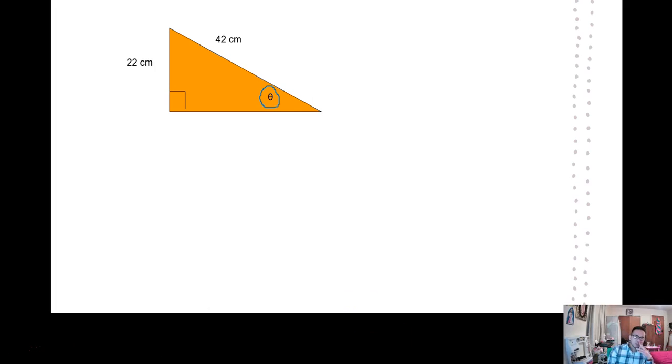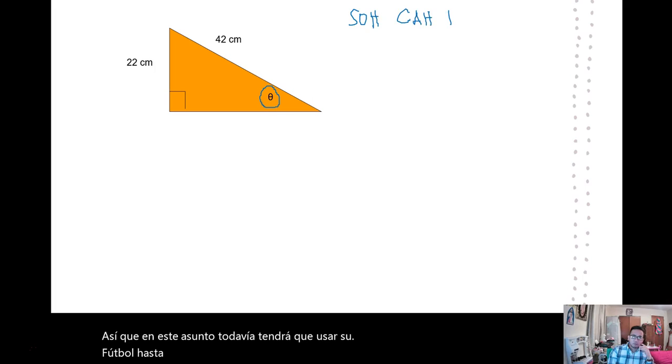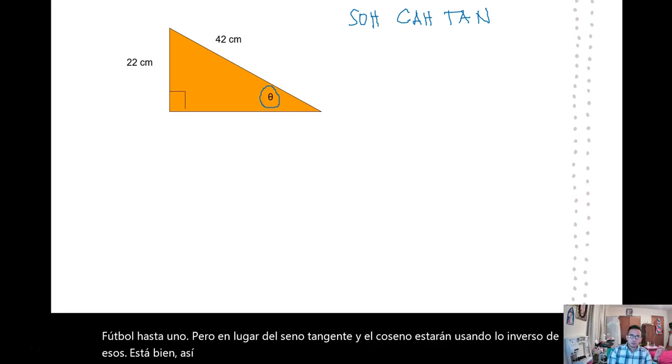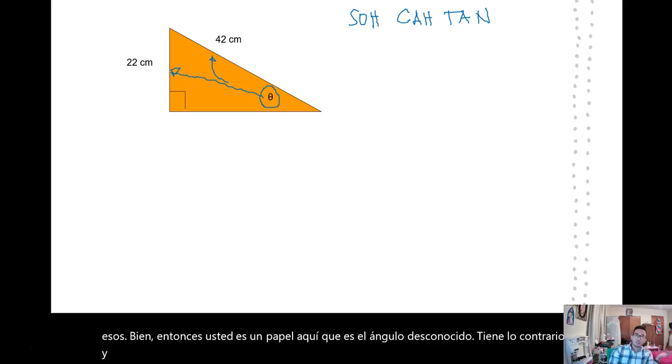In this matter, we'll still use SOHCAHTOA, but instead of tangent, sine, and cosine, we'll be using the inverse of those. Your theta here, the unknown angle, has your opposite and your hypotenuse.